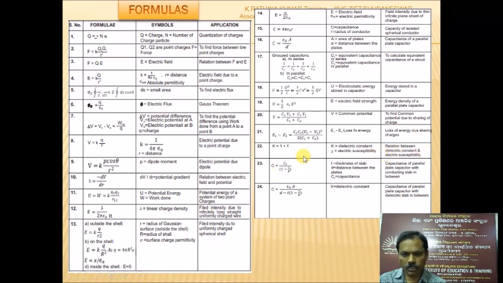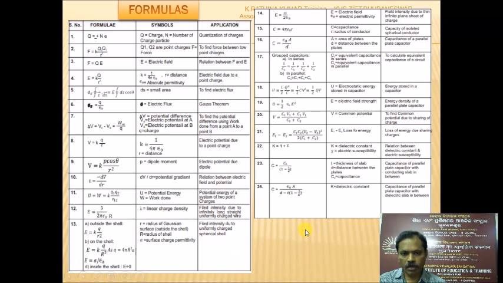Then capacitance is equal to C0 by (1 minus t by d), for the parallel plate capacitor with a conducting slab in between them. And C is equal to epsilon naught A by d minus t (1 minus 1 by K), where K is the dielectric constant, the capacitance of the parallel plate capacitor with a dielectric slab in between them.